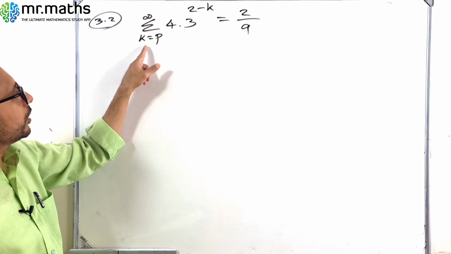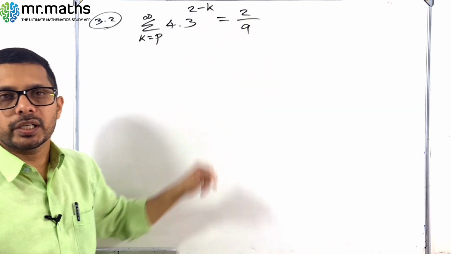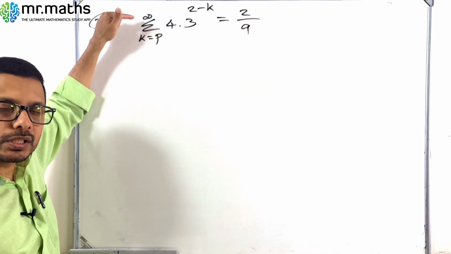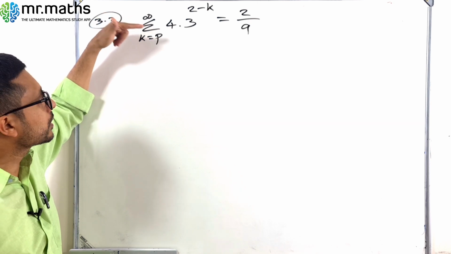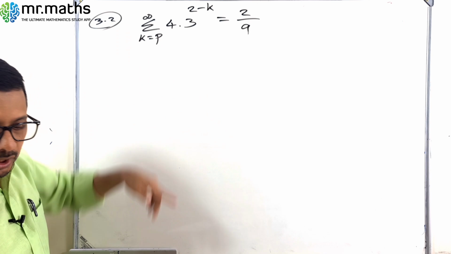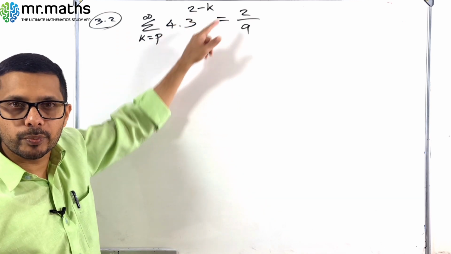Okay, so the question is: sigma k equal to p to infinity of 4 into 3 raised to 2 minus k is equal to 2 over 9. Now look at this one, p to infinity, sigma means sum. Am I right? So this is a sum to infinity of a geometric series. Can you see that 3 raised to 2 minus k is a geometric series?